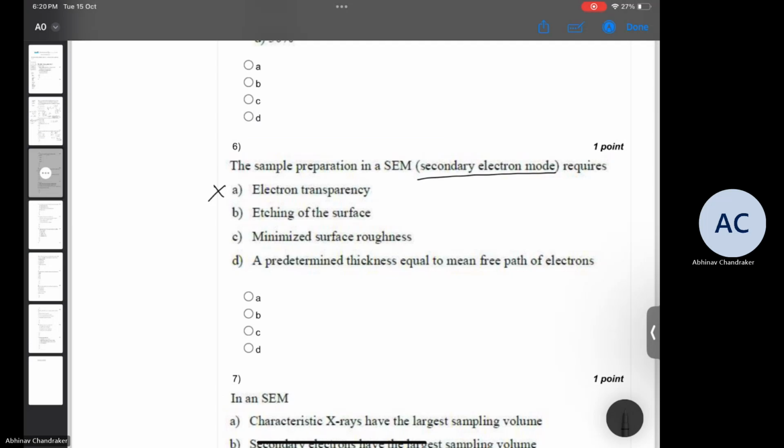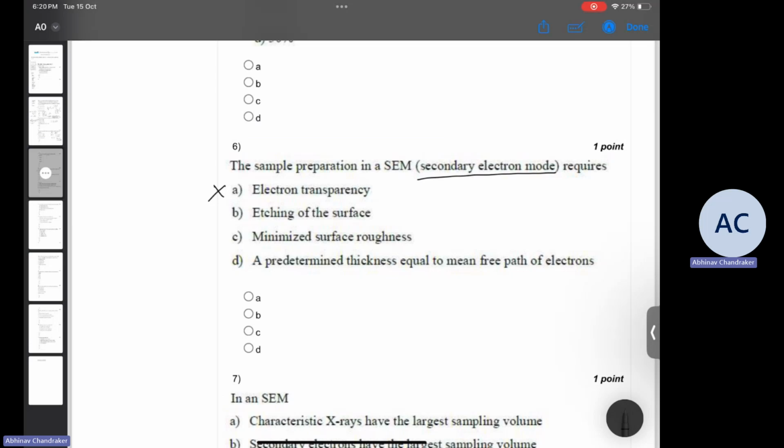Then etching of the surface. Here the method of imaging is by looking at how the secondary electron emission is changing based on the surface or the features you have at the surface. So for that, we do not require to have any prior chemical reaction at the surface.